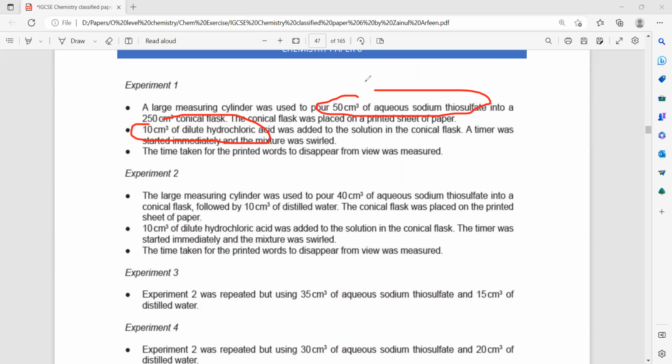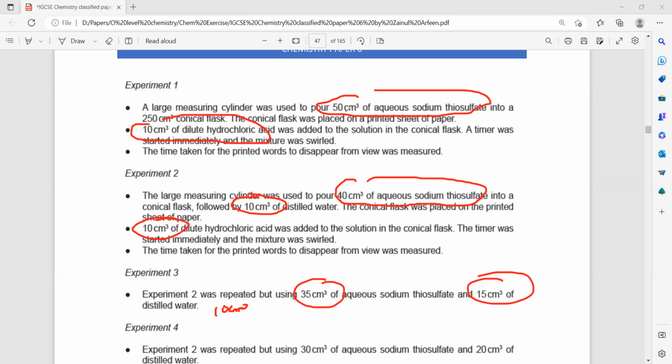So that the volume and concentration are directly proportional, like the substance which has a higher volume in the mixture will have a higher concentration. So here 40 cm³ of thiosulfate, 10 cm³ of water, 10 cm³ hydrochloric acid makes 60. If 35 cm³ of sodium thiosulfate, 15 cm³ of water, how much hydrochloric acid is there? 10, because we want to make it 60.